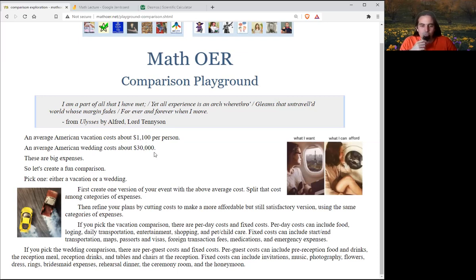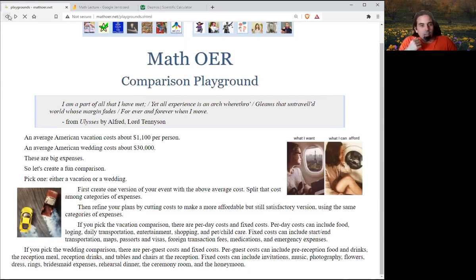The wealthy retired people are skewing these numbers, right? So that would be almost all you. There's not much here on this page. It's just sort of a suggestion to make two versions of a plan, an average expensive one for America and what you would actually want to do, and share about that math.